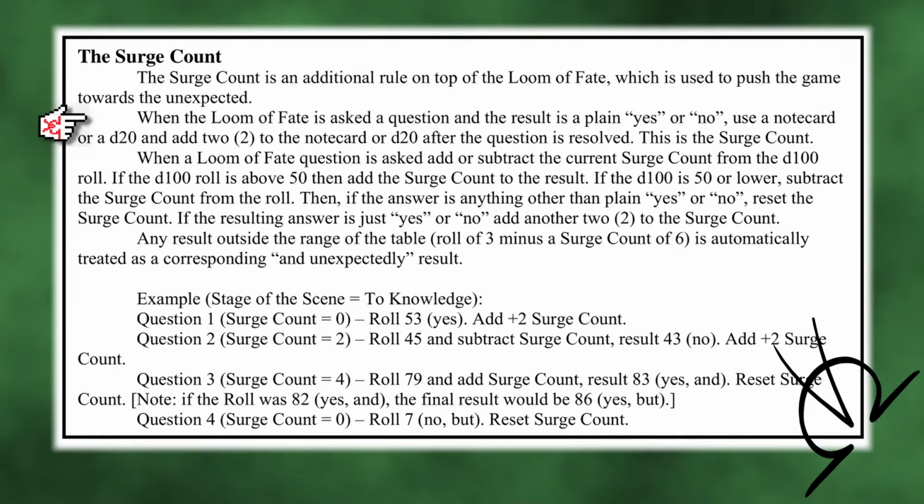It gives you a +2 or a -2 depending on if you're above or below 50. Let's say it's been 3 rolls that I just had plain yeses or plain noes. So the next roll I'll have a plus or minus 6.